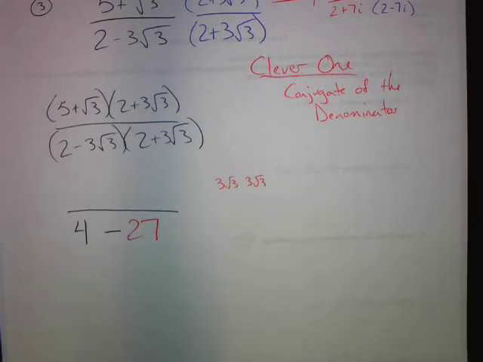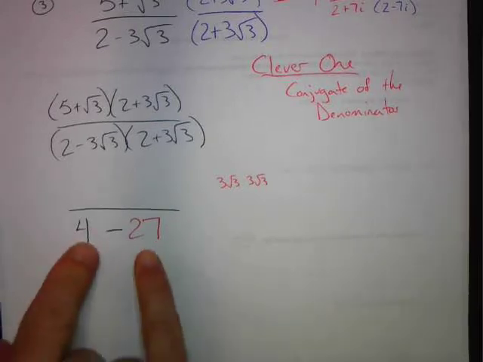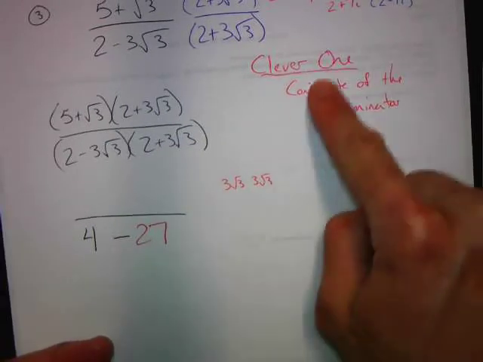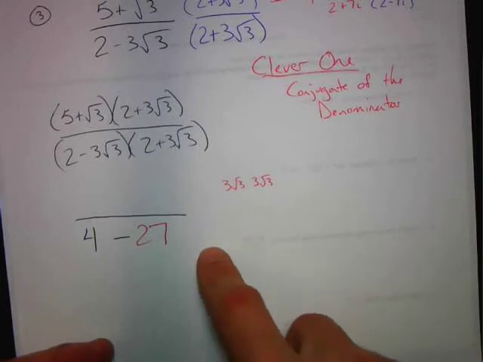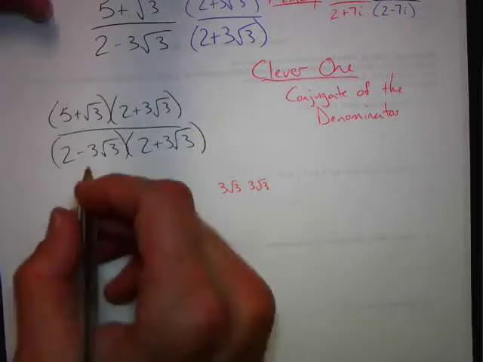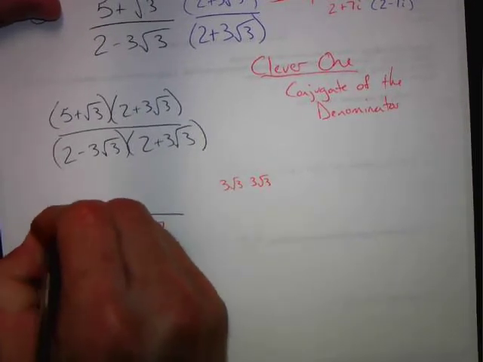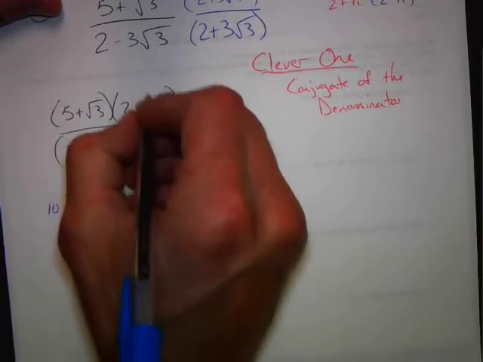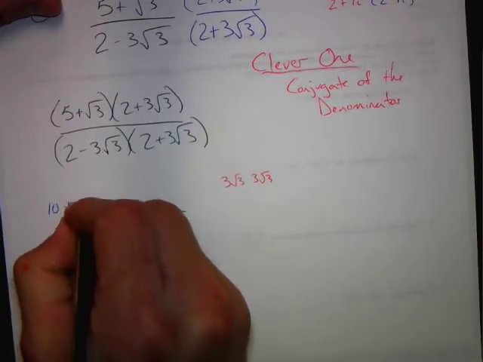Hopefully you can see that's the purpose of multiplying by the conjugate, so we can get rid of the radical sign in the denominator. So that's how we handle the denominator. Now for the numerator, we do just like we did in number 2. We have 5 times 2, which is 10, and then 5 times 3 root 3, 15 root 3.